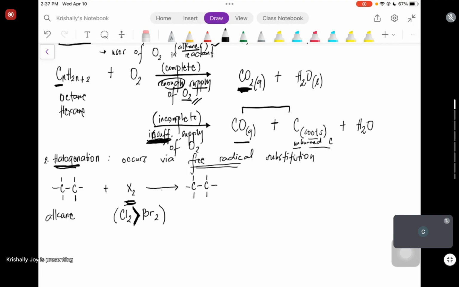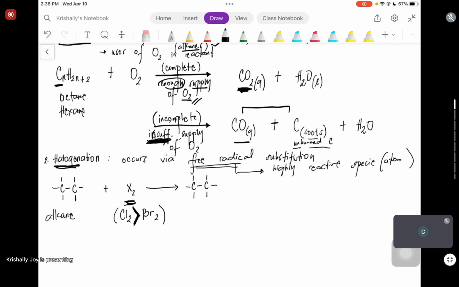If you define a free radical, an atom, the free radical class, it's a highly reactive species, no? Highly reactive species of an atom. Why is it highly reactive? Because the atom has an unpaired electron.